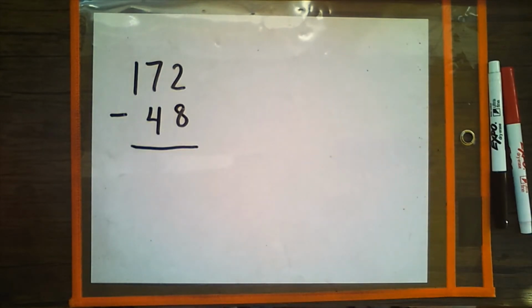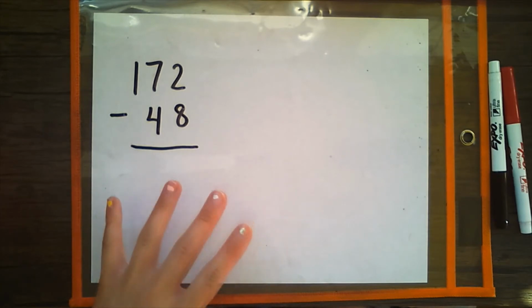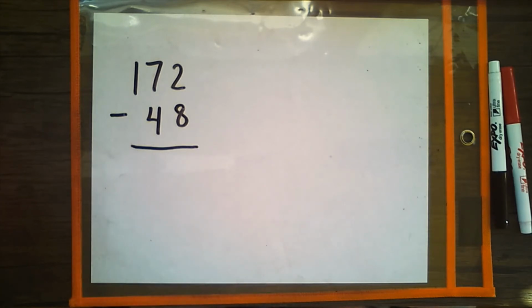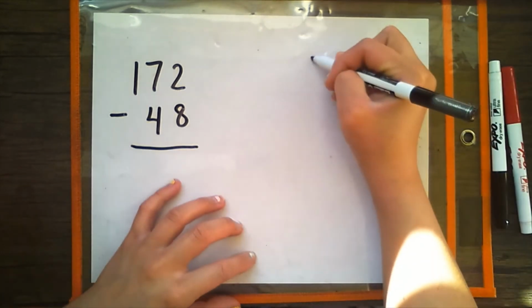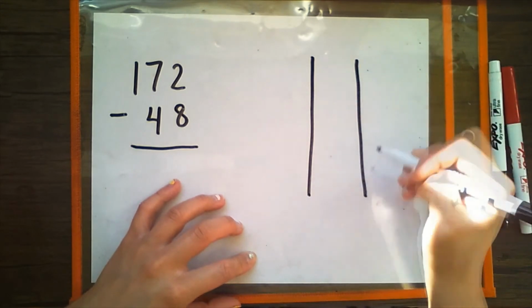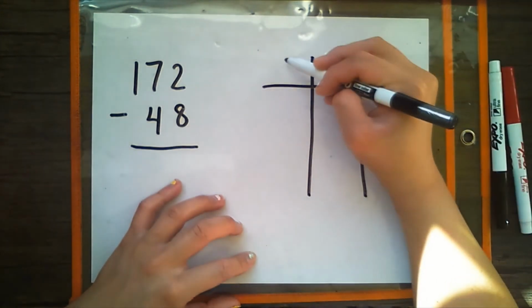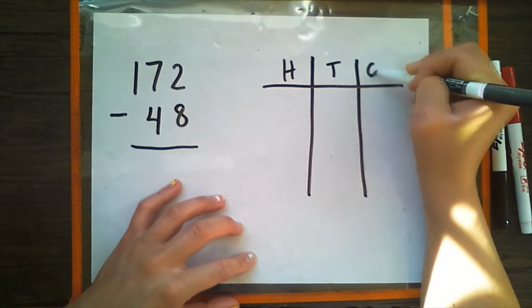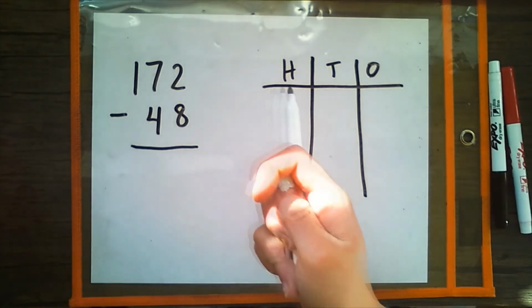All right, friends, welcome to the last part of our teacher model. For our last part, we are working on the number sentence 172 minus 48. Before I can begin subtracting in vertical form, what must I draw or do? Great, we must draw the place value chart, particularly the one for our chip model, which means we have to label our columns for hundreds, tens, and ones.